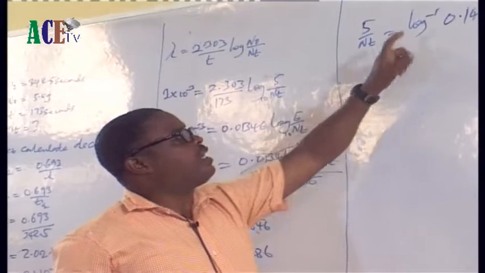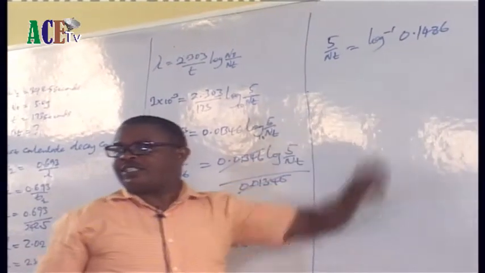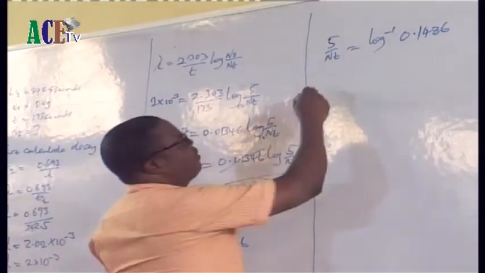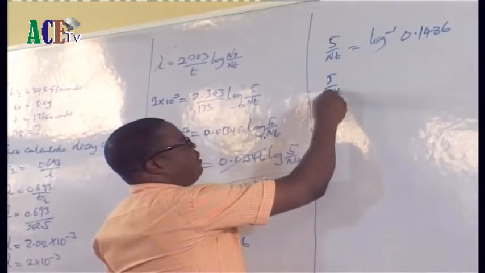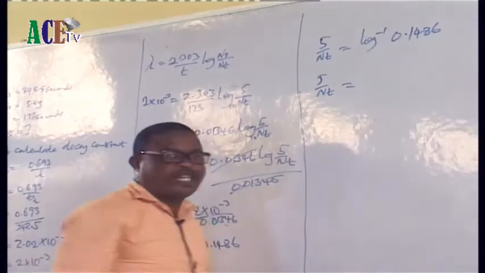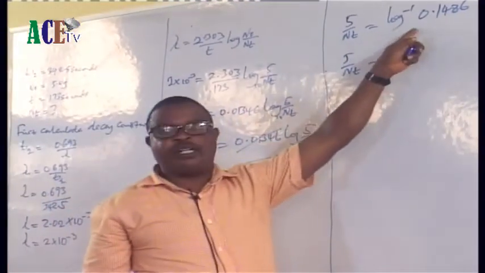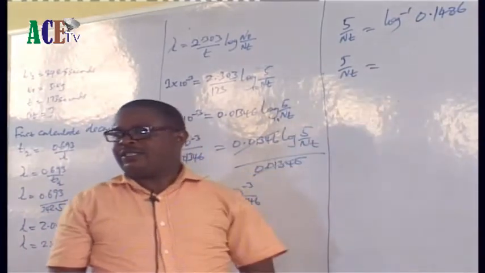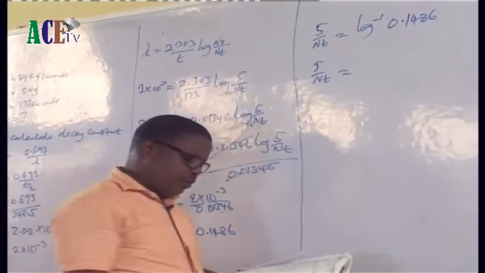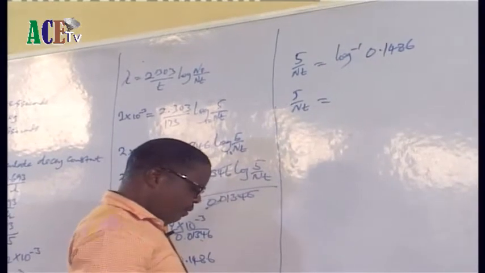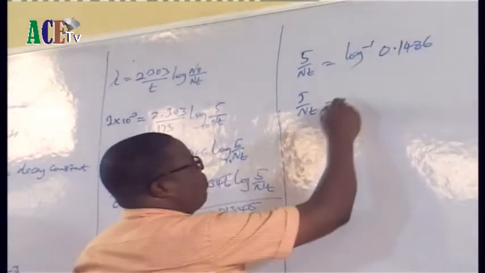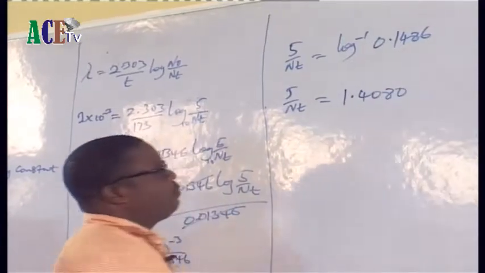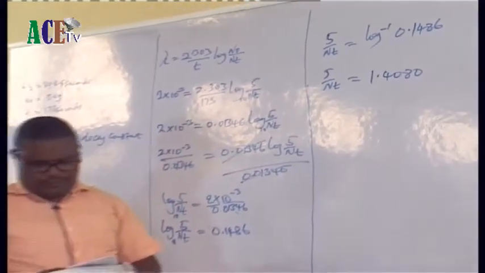So we are checking the second function log of this. That's the anti-logarithm. So it's giving us 5 over nt to be equal to, when you press second function log of this, it will give you 1.4080.